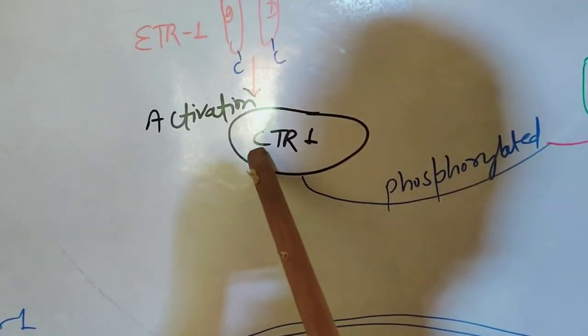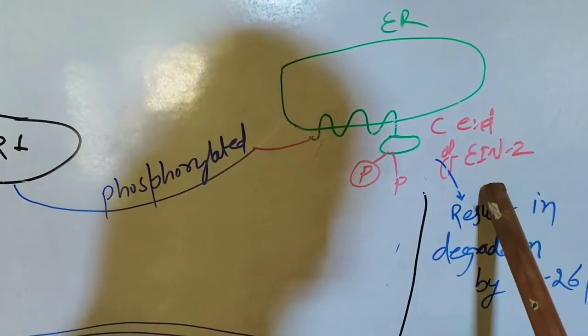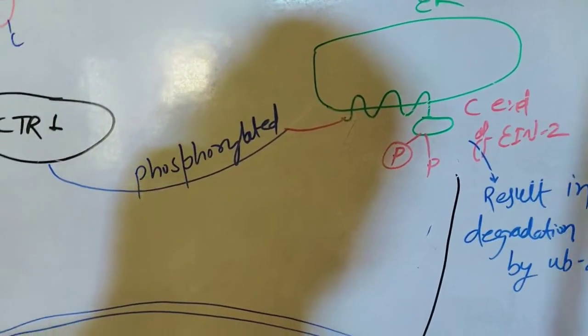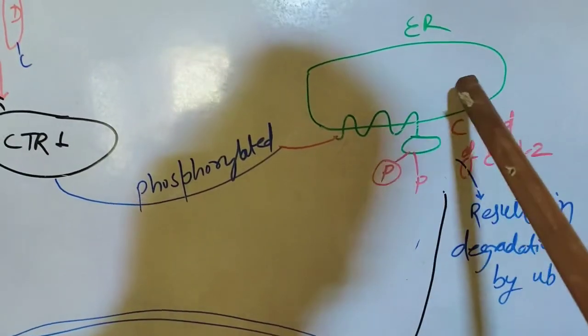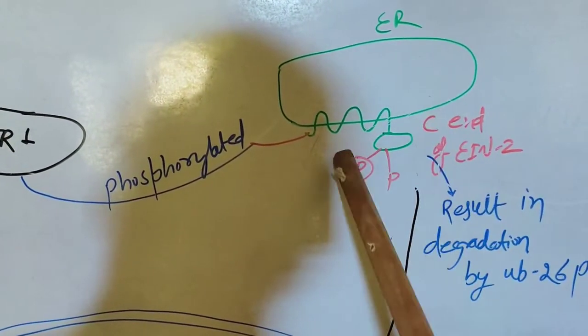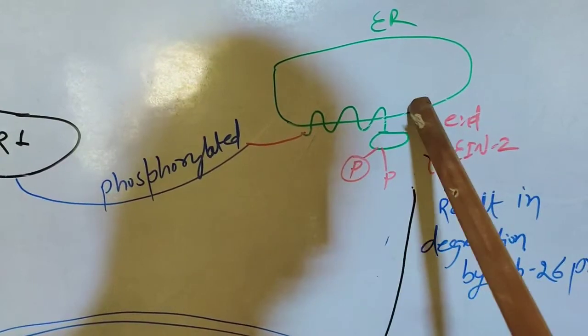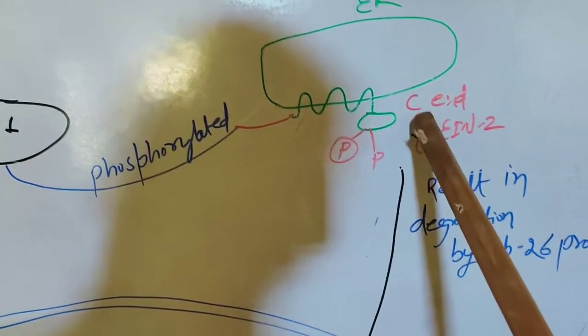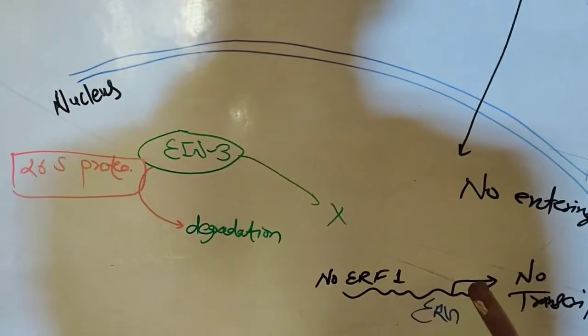If it is not activated, it could not phosphorylate your EIN2 protein. Then the protease enzyme comes and cuts this region, the C-terminal end of the EIN2 protein, and it will enter the nucleus.